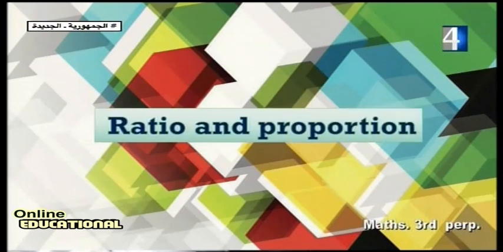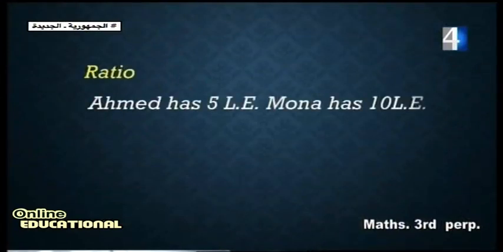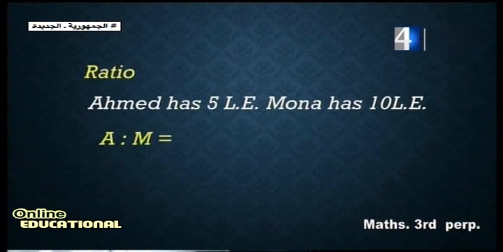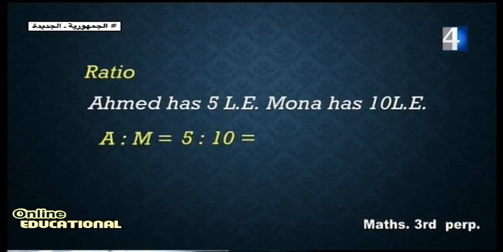Ratio and proportion. What is ratio at the very beginning? Let us see. If Ahmed has 5 LE and Mona has 10 LE, it means that the ratio between what Ahmed has and what Mona has is 5:10. 5:10 means 5 over 10.